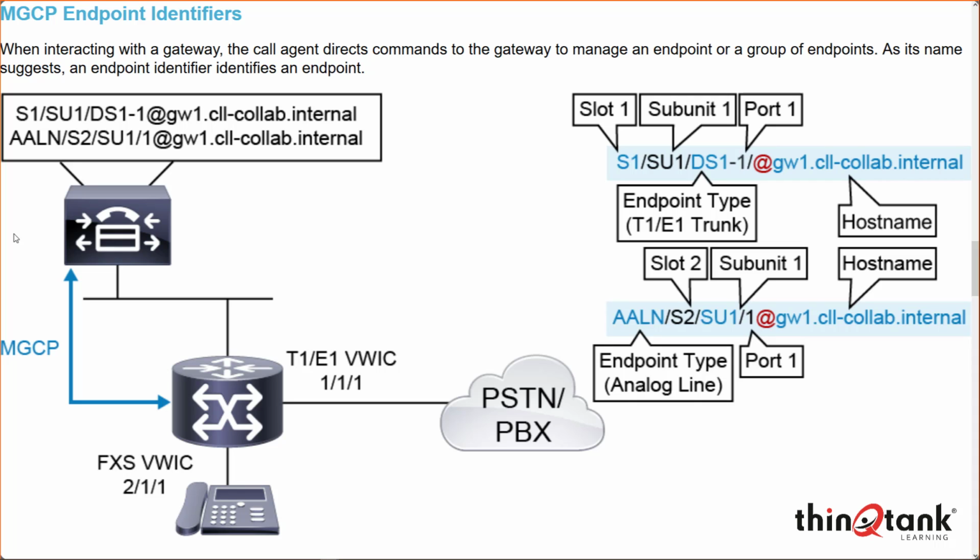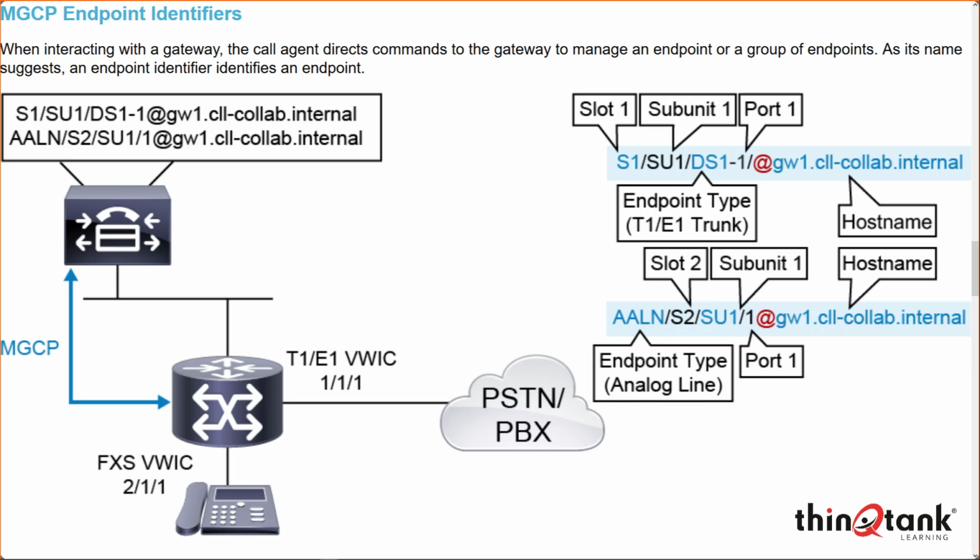So we identify the endpoints, the local name of the endpoint in the context of the gateway, and the domain name of the gateway. The @ symbol just separates those two parts. The slash separates the subparts of the hierarchy: slots, subunits, and ports.